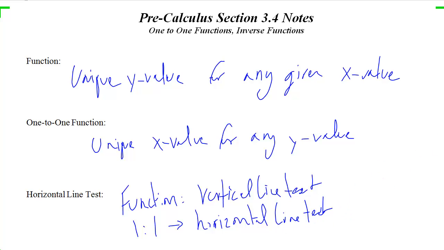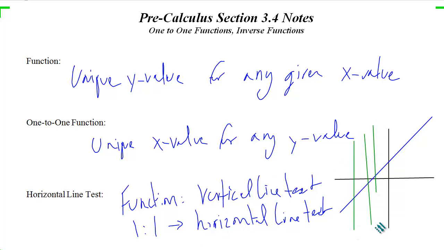So if you think about any graph, we'll do a real simple one here, just a linear equation. If I do a real short vertical line test, I see that none of these intercept more than once.